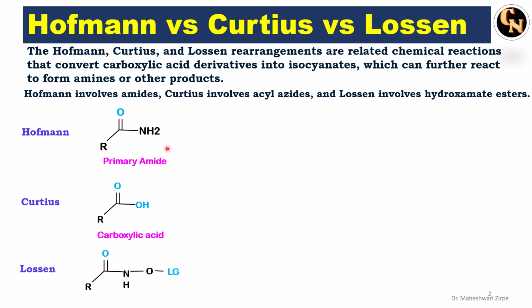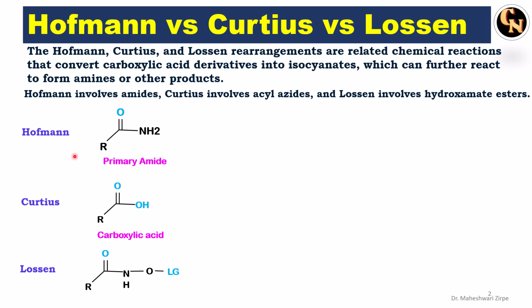So let us see what is the similarity of all these three rearrangement reactions. In your CSIR NET exam, options may be given and they will ask which is the starting material or which may be the reagents which are used. It can be asked in any way. But let me tell you, all these three rearrangement reactions give us amines.